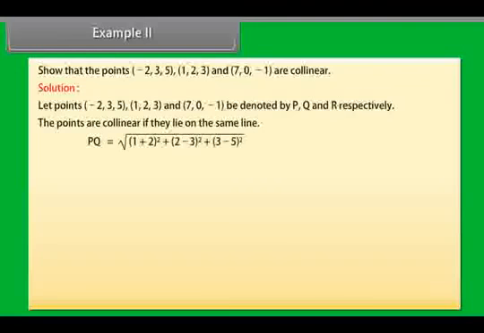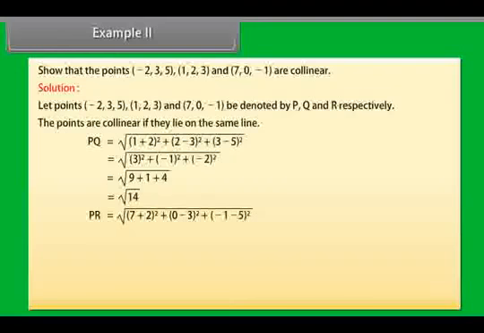PQ = square root of (1 + 2) square plus (2 - 3) square plus (3 - 5) square. After calculating PQ, we get square root of 14. PR = square root of (7 + 2) square plus (0 - 3) square plus (-1 - 5) square.